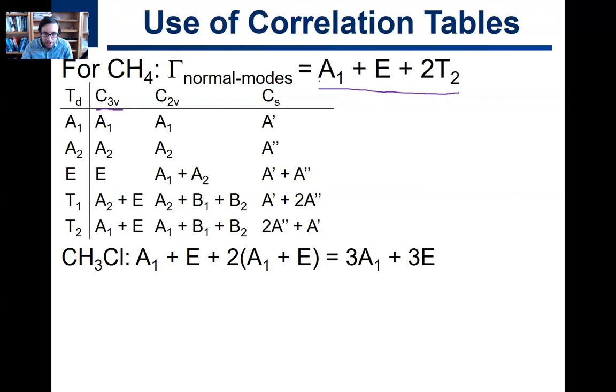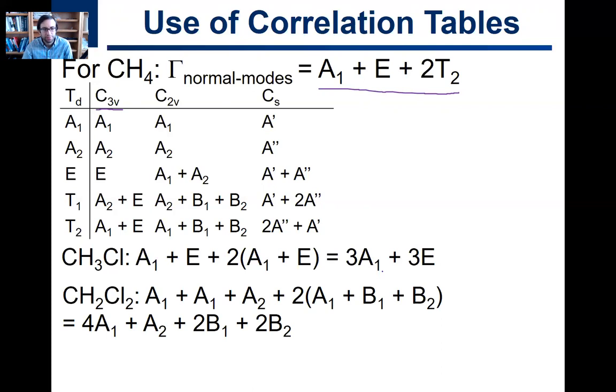So all we do is say, hey, we have A1 in TD, how does that translate to C3V? A1, put it down. E, how does that translate in C3V? E, put it down. 2 T2s, how does T2 translate in C3V? A1 plus E, so 2 times that. Multiply that all out and you get 3A1 plus 3E. Those are your normal modes. You could go on to figure out which ones are IR active if you wanted to.